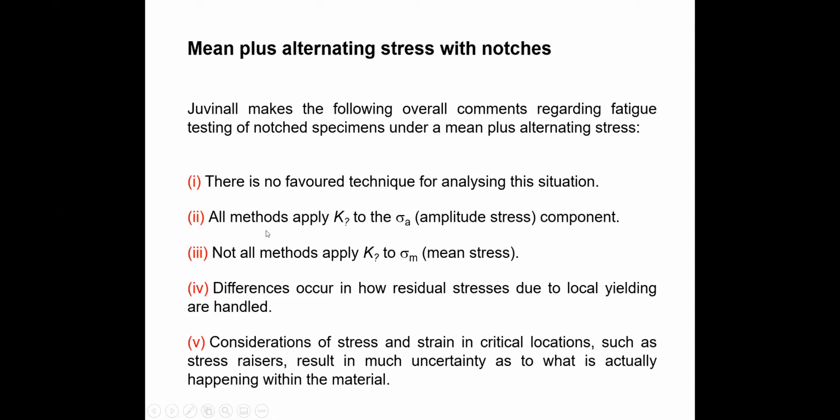For the alternating stress, you can apply the KF value, but for the mean value sometimes you don't use it, and sometimes they will use it. It depends on the situation. As they mention here, there is no favored technique for analyzing this situation. Differences occur in how residual stress due to local yielding is handled.